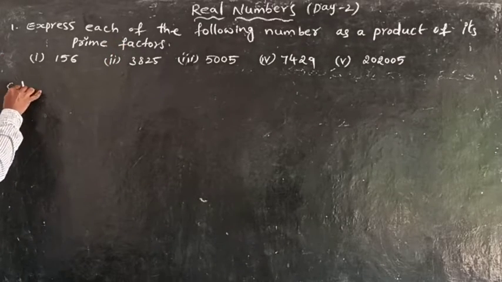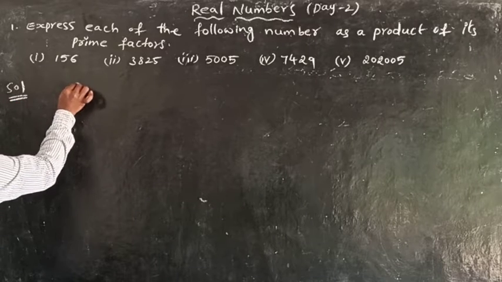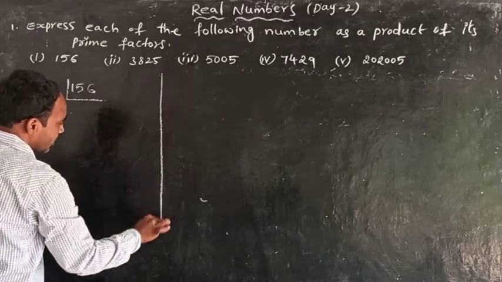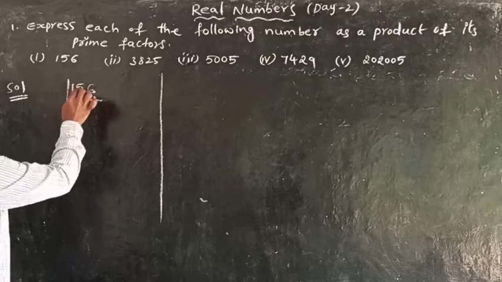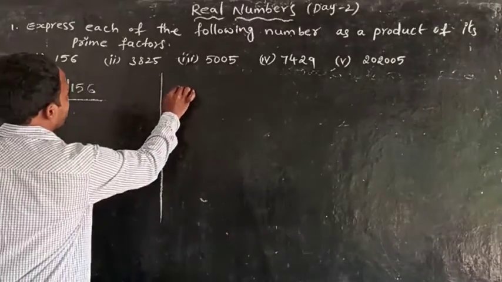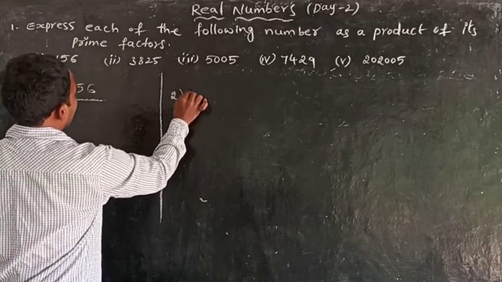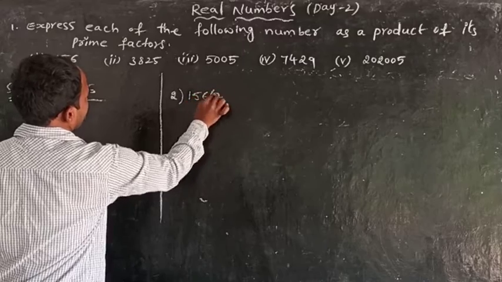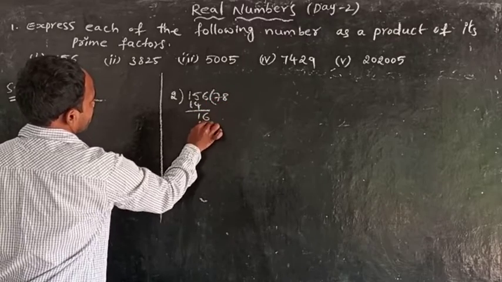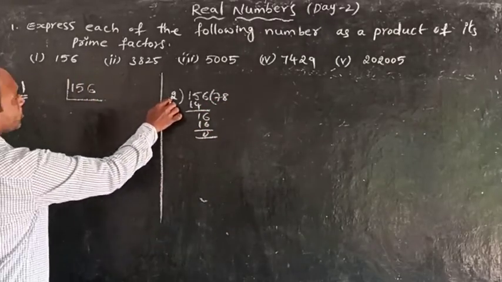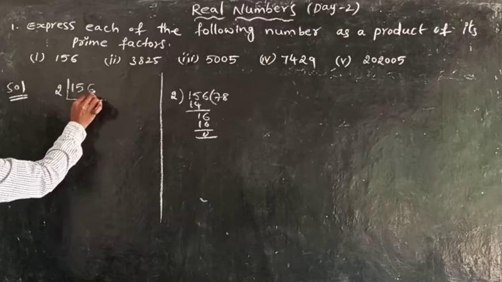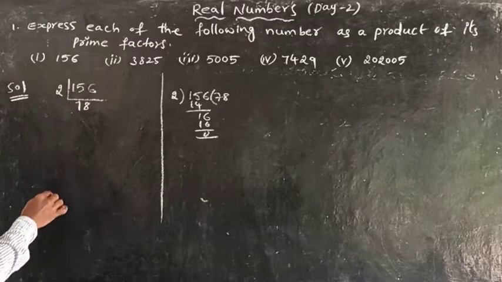So, solution. The given number is 156. This is the rough work I am writing here. In the 2 table, when will 156 come? If you don't know, you do the division. 2 7s are 14, then 6; 2 8s are 16, so 2 78s are 156.